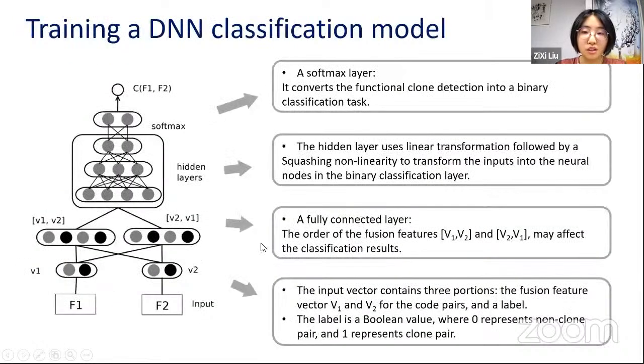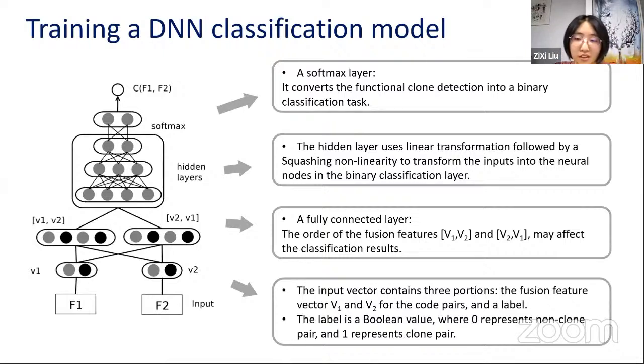We propose to use a deep learning model that can effectively detect functional code clone between code snippets. The architecture of the DNN model is shown in the figure, which consists of 4 components. First, we obtain the syntactic and semantic feature vectors and concatenate the 2 vectors together as the input of the model.